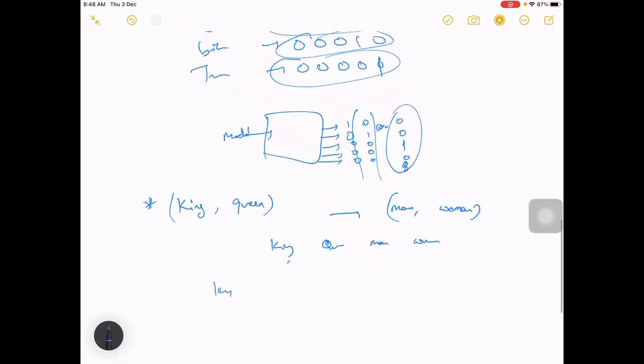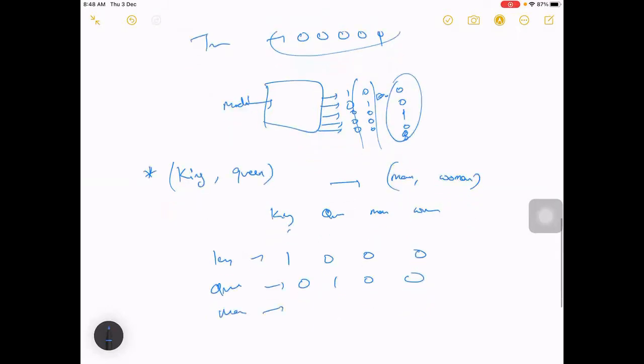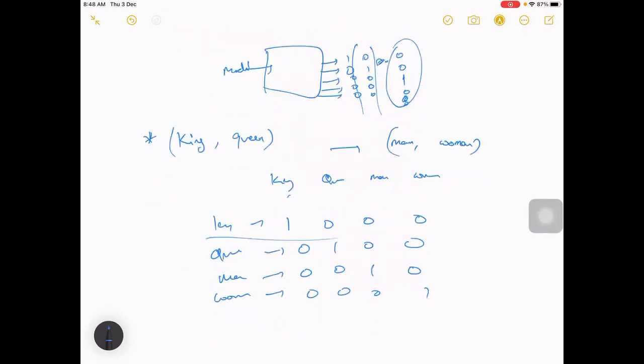If there are only these four words, king you can represent as 1000, queen as 0100, man as 0010, and woman as 0001. This way we can represent these four words.